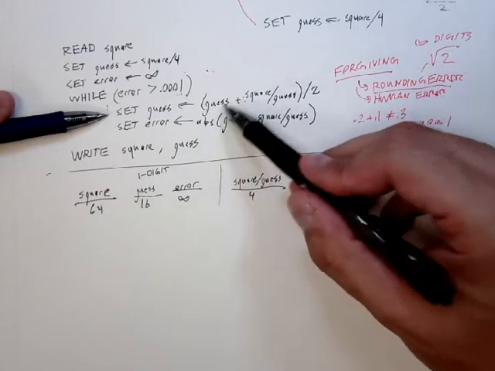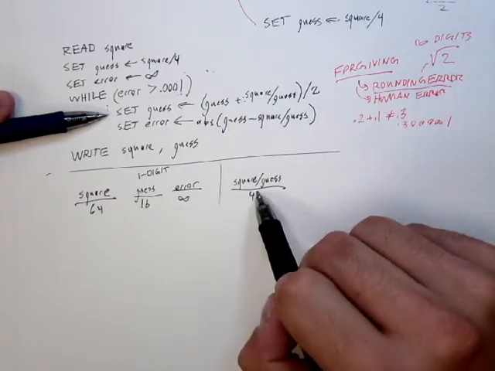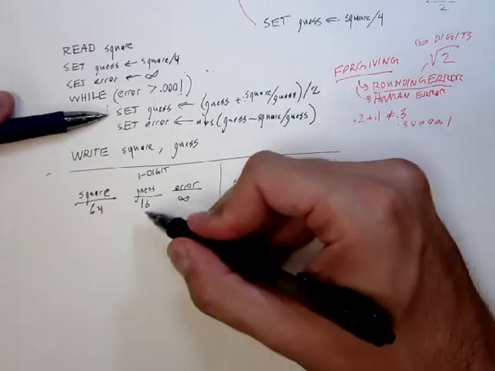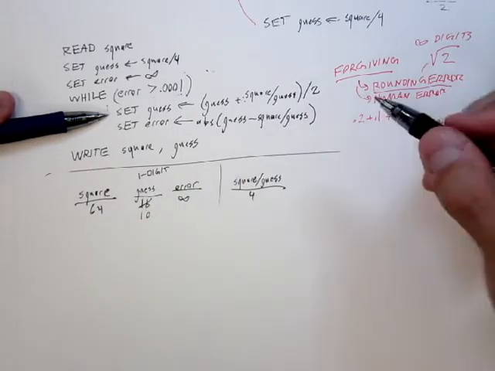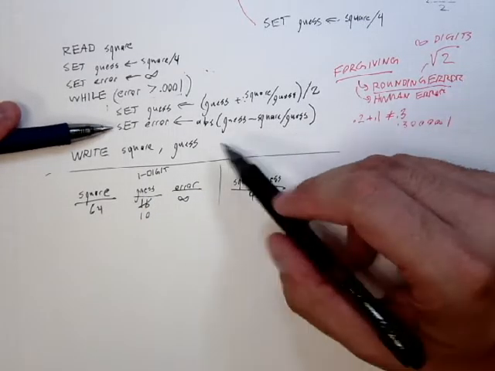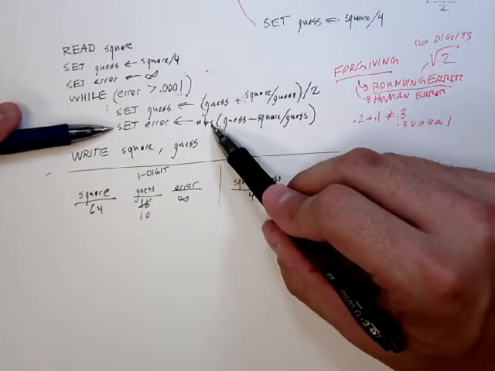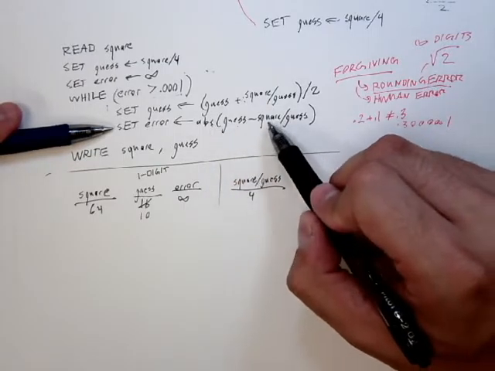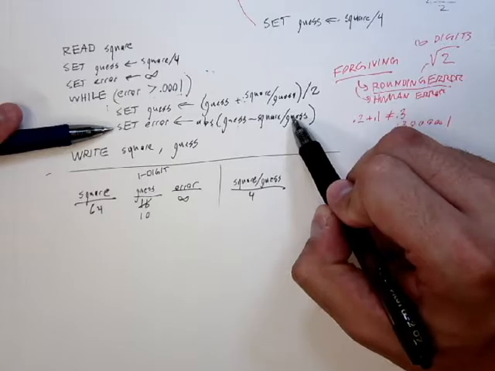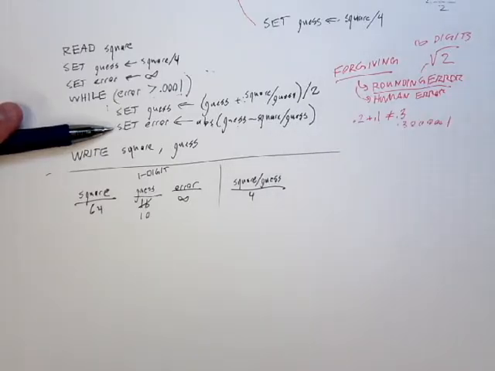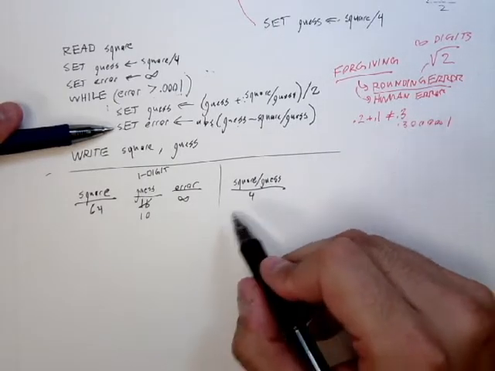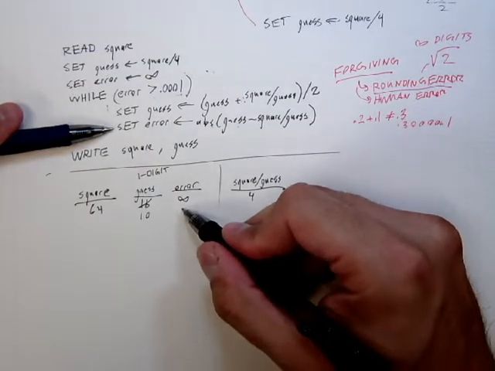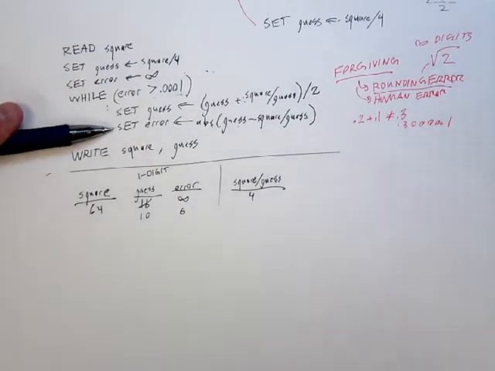And guess plus square over guess is 20, divided by 2 is 10. And error is going to be the absolute value of guess minus square over guess. So the error is now 6, right? Which is too big.